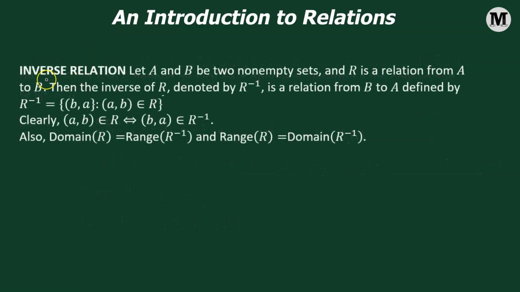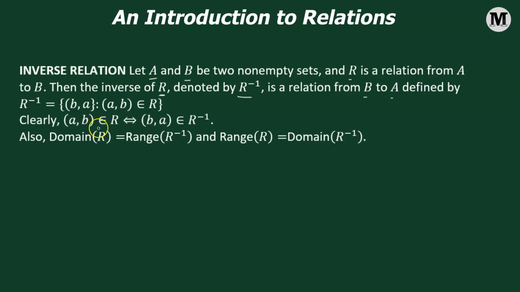Fine. So here we're going to discuss a very important definition, which is the inverse relation. Suppose we have two non-empty sets A and B, and we have a relation R going from A to B. If we want to take the inverse of the same relation R, it is going to be denoted by R inverse, and it's a relation going from B to A, and is defined such that R inverse equals the set containing the ordered pairs (B, A), such that the ordered pair (A, B) belongs to R. In simple terms, if the ordered pair (A, B) belongs to R, this is true if and only if we interchange the position of the elements in the ordered pair.